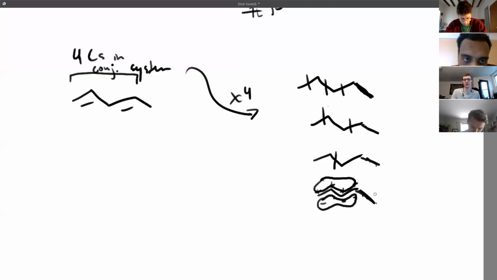And this carbon over here is just left alone. We don't do anything with it. This is probably the proper way to do it. If you get asked, this is how you should draw it out: draw everything with the rest of the molecule there and don't do anything with it.